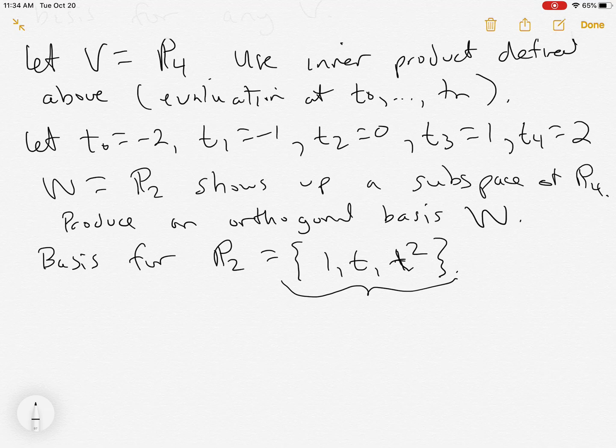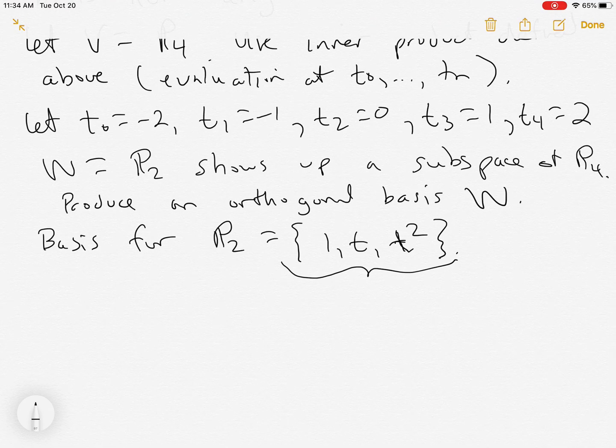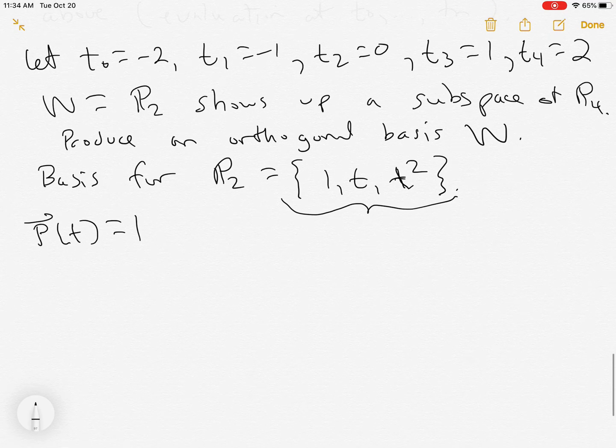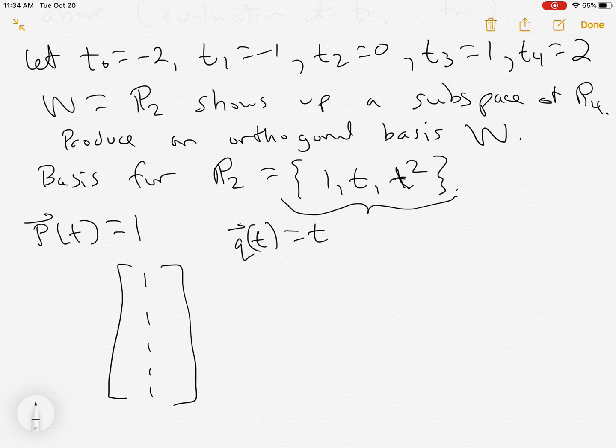All right, so let's use Gram-Schmidt here. If you take the first polynomial P, which is equal to 1, and you evaluate using the inner product, you get the vector 1, 1, 1, 1, 1. If you use the vector Q of t, which is t, and you evaluate, you get minus 2, minus 1, 0, 1, and 2.